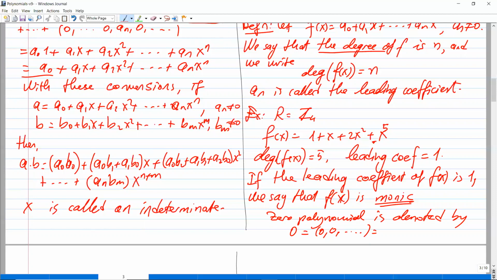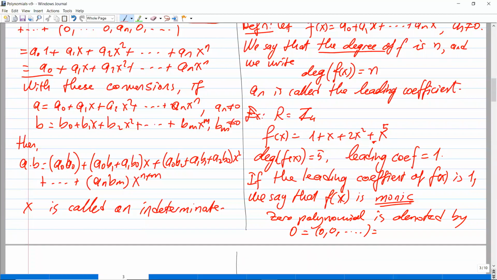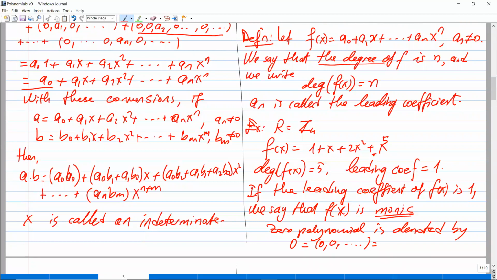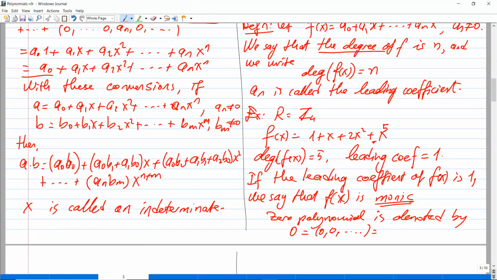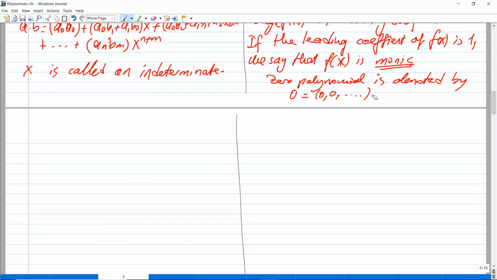In the definition above, when we define the degree of f, we assume that the leading coefficient is not 0, so that f is a non-zero polynomial. When f is the zero polynomial, by definition, the degree of the zero polynomial is minus infinity.